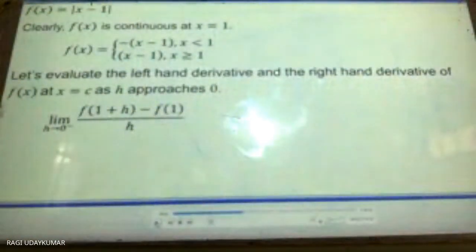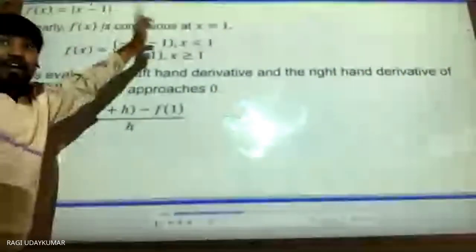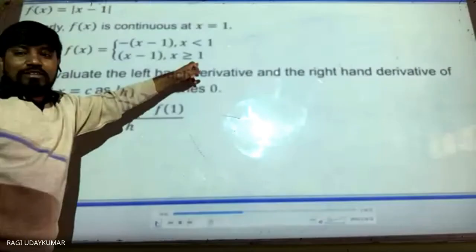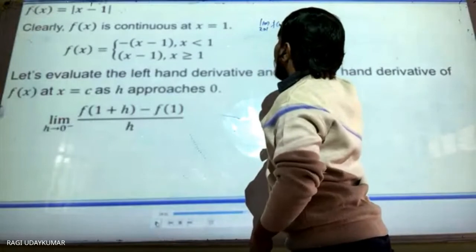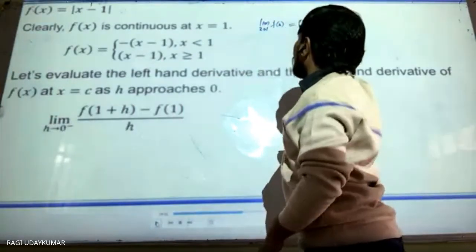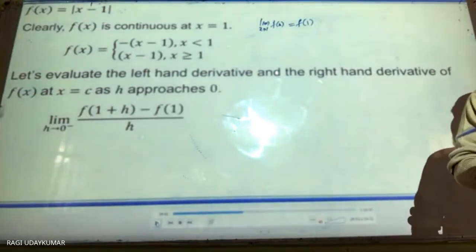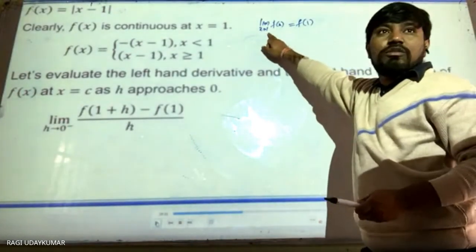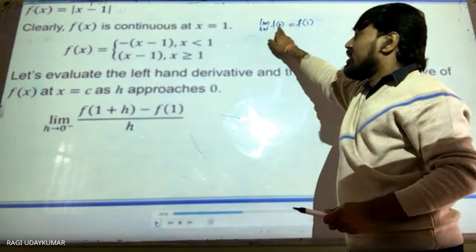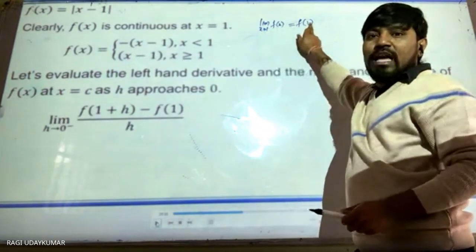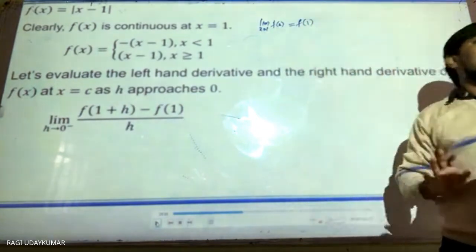What to prove? Limit as x tends to 1 of f of x should be equal to f of 1. Then it is called continuous.